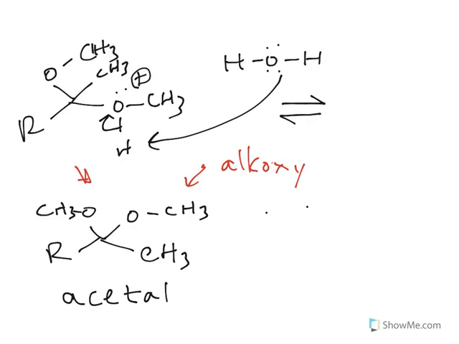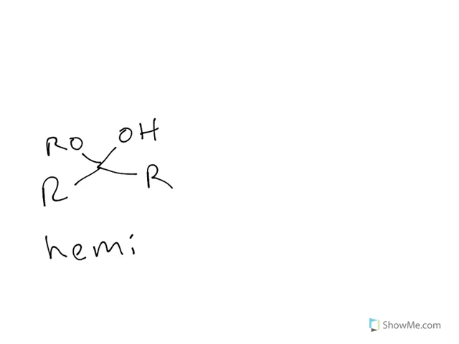So let's recap what those look like here. The general format for a hemiacetal is the following. So how do you identify this? It's an sp3 carbon, with one group here and one group there containing oxygen. Both groups contain oxygen.